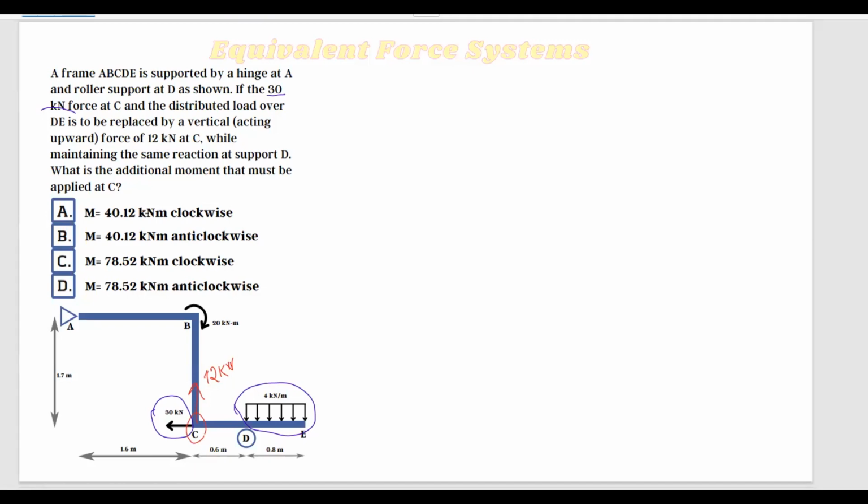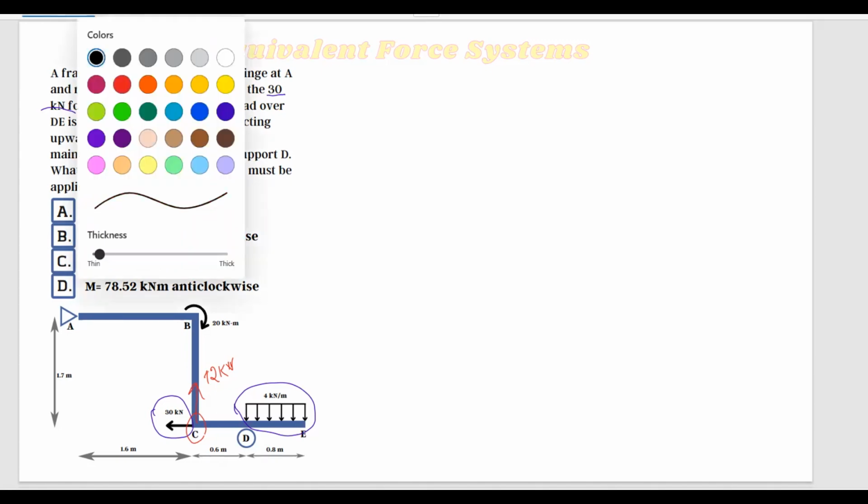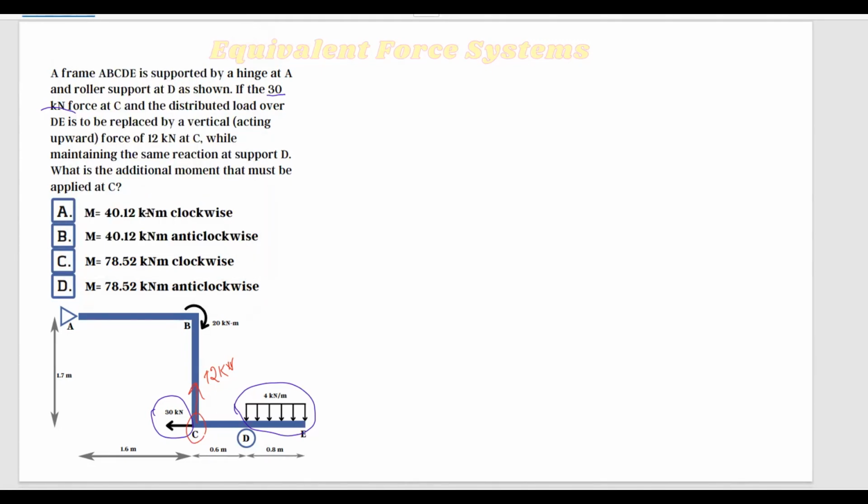in order to keep these two systems equivalent? So in order to proceed with this, first we're going to acknowledge what we are removing. So we're removing this 30 kilonewton force and this distributed load, and nothing else changes. So let's see, based on point A, we are going to take the moment about point A before we remove the forces, and then we're going to calculate the moment about A after we remove the forces with the new force going upwards.